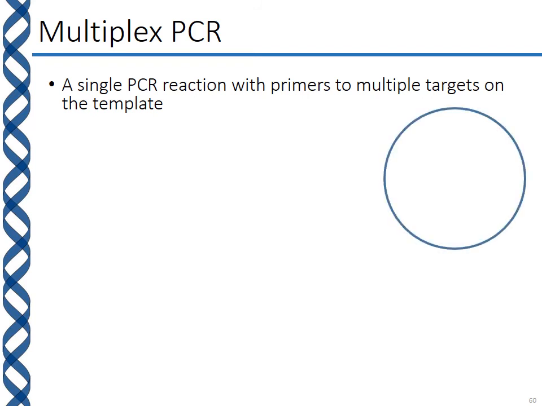So for example, if we have a plasmid or a small chromosome, we can add primers to amplify from this location, and we'll generate this particular product shown in red. But we can also add two other pairs of primers, which will generate these two differently colored bands.